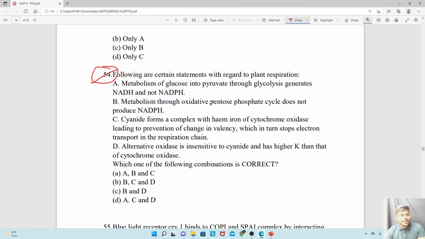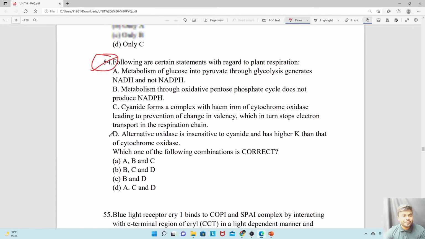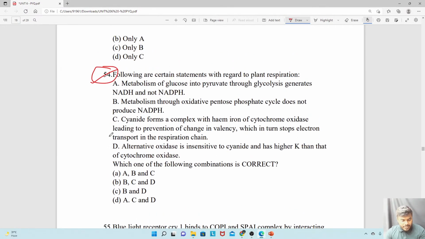You can easily eliminate this. Okay, anyone? What is the answer for 54? Answer for 54 is D. Absolutely right. Friends, we can easily eliminate the option.